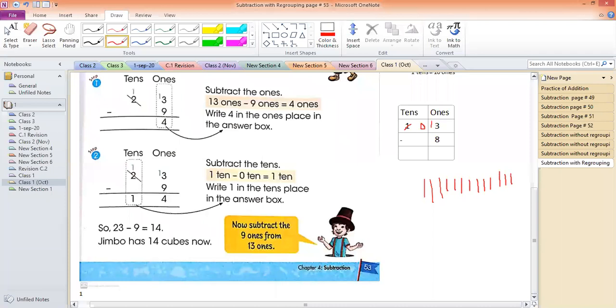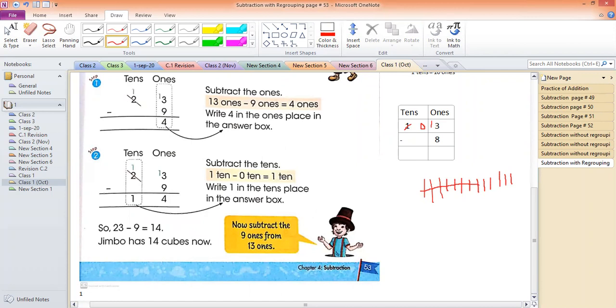Now, we count 8. Cut 8 lines. How many lines do I need to cut? 8. Cut 8 lines: 1, 2, 3, 4, 5, 6, 7, 8. Only 8 lines we need to cut.